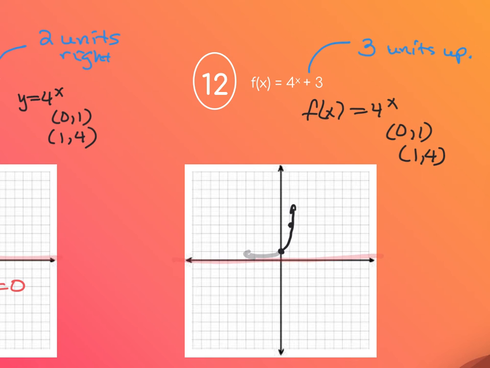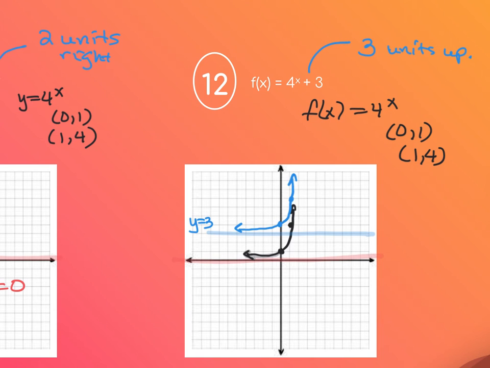And now let's move the points as well as the asymptote 3 units up. So 1, 2, 3. Here is the new horizontal asymptote at y equals 3. And I'm going to shift each of the points. And then again, it'll follow the same pattern. By putting that asymptote in there, it definitely helps you guide your graph. Remember, your graph will never cross that asymptote.